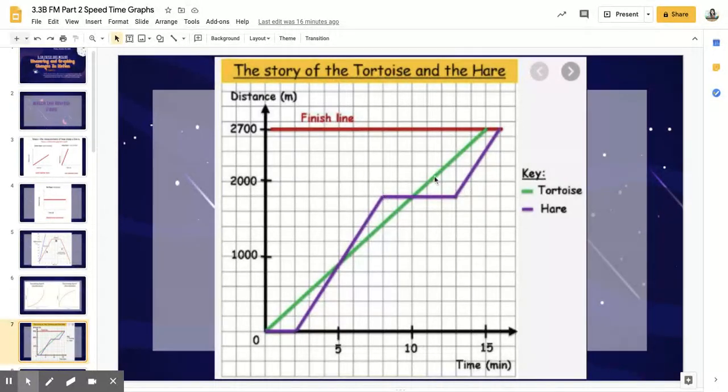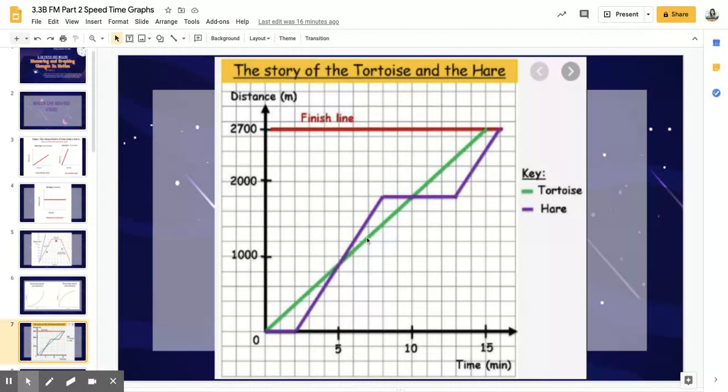And over here, we see another horizontal line. That means that he stayed at rest for how many minutes? 1, 2, 3, 4, 5 minutes. He stayed at rest. And then afterwards, he went on with the same speed as he was before to the finish line. Okay, so there you have it.